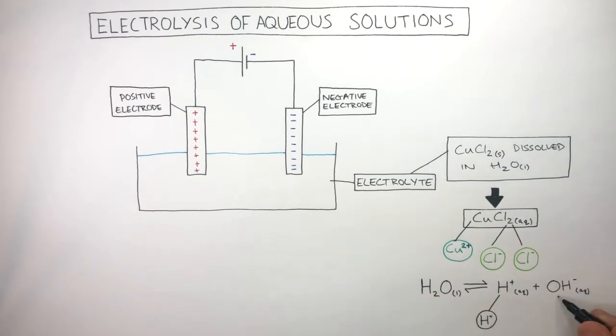A hydrogen ion forms and the hydroxide ion forms. So an aqueous solution of copper chloride has copper cations, chloride anions, hydrogen cations, and hydroxide anions.